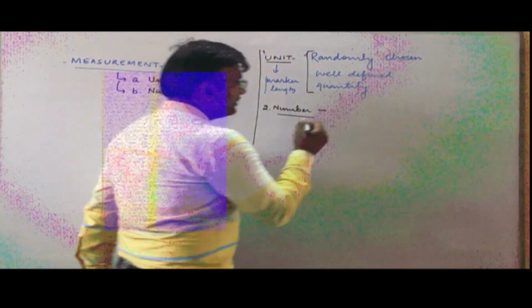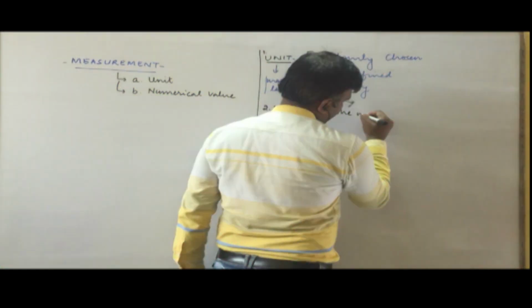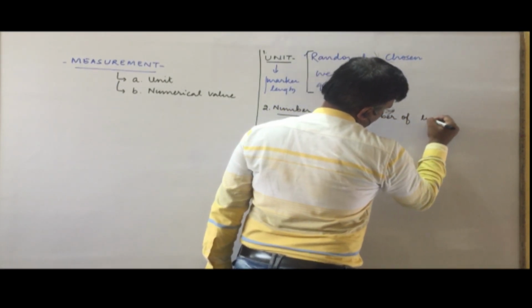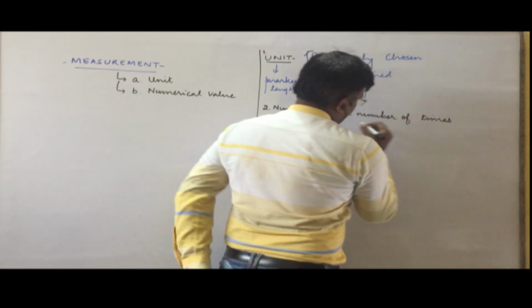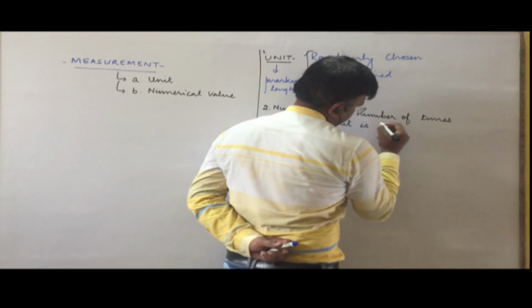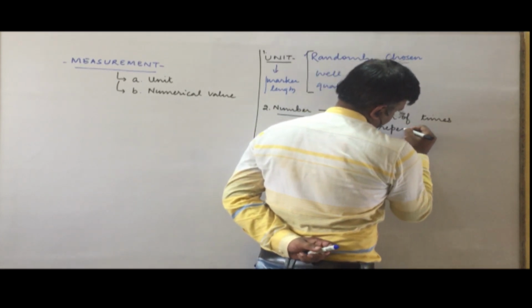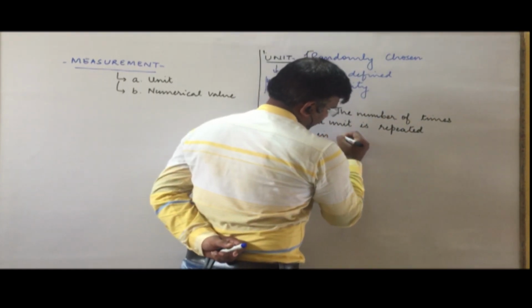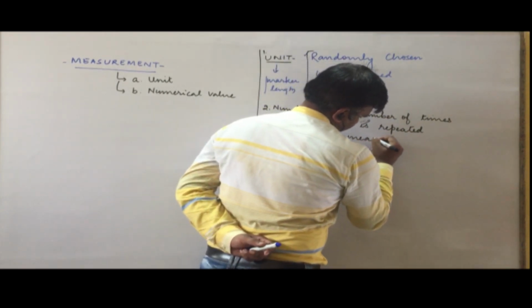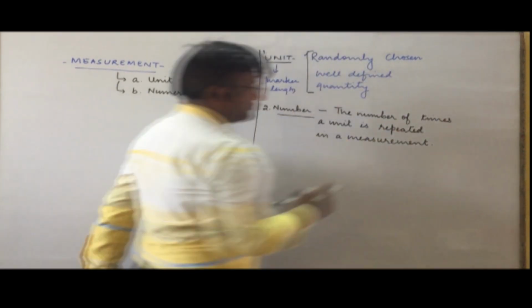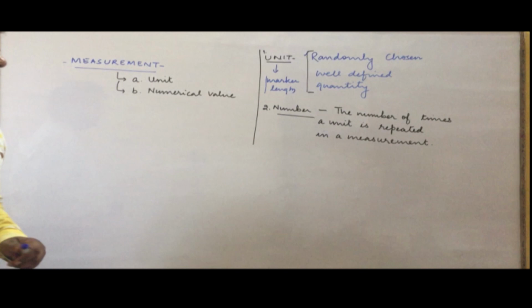Please write this down. The number of times a unit is repeated in a measurement is known as the numerical value.